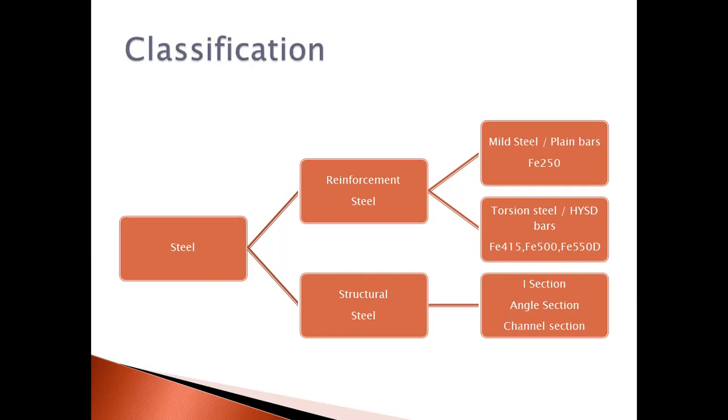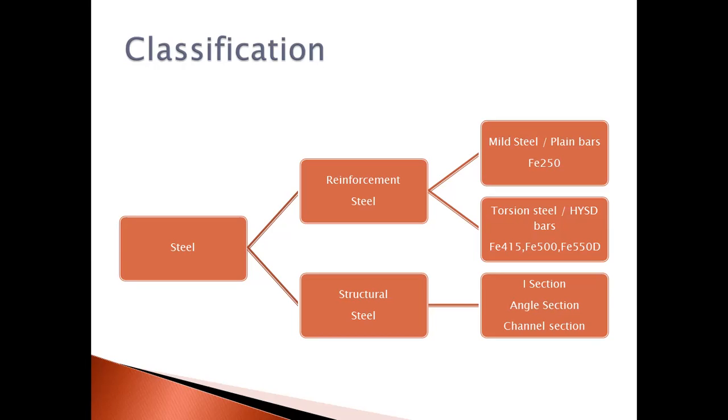The next one is HYSD bars. It can be Fe 415, Fe 500 and Fe 550D. Currently we are using Fe 550D. These numbers 415, 500 and 550 denote the yield strength, and D denotes that it has good ductility.